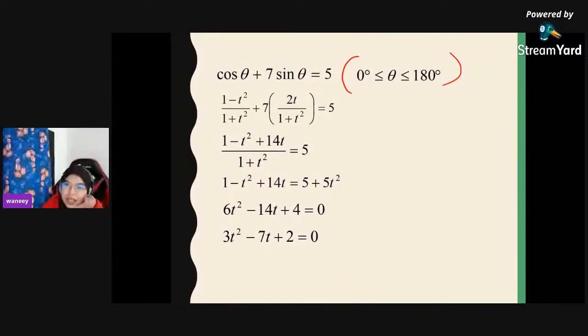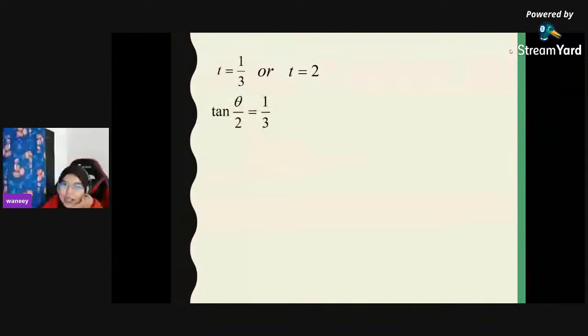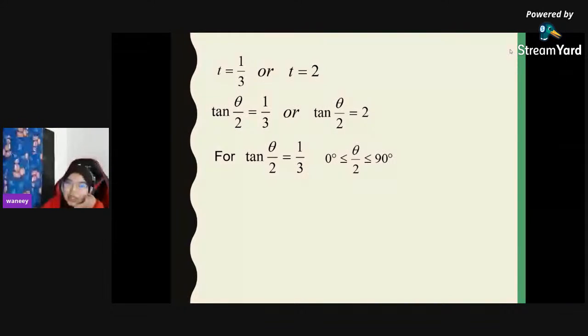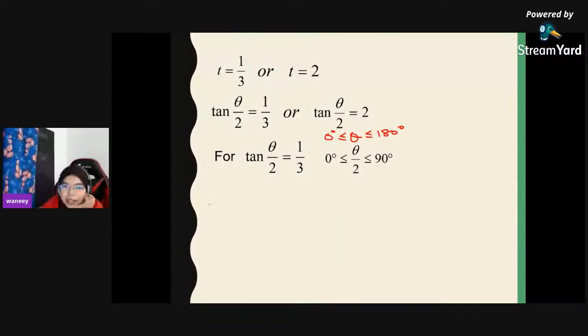Okay, so theta must be between 0 and 180. Let's go back to here. So theta is in between 0 and 180 degrees. Since this one is tangent theta over 2, we should change the range as well.